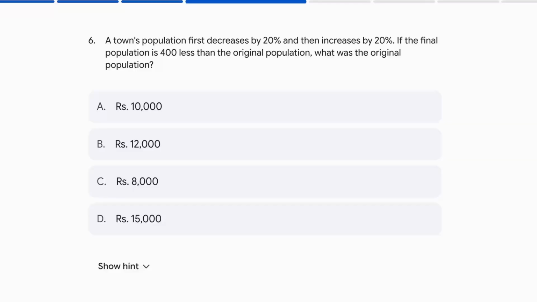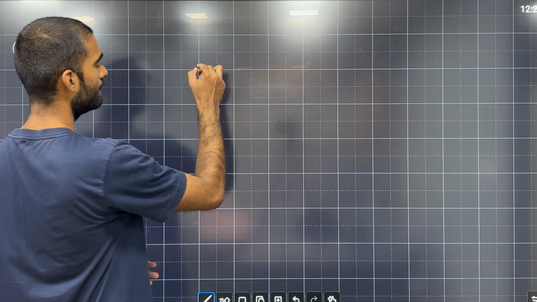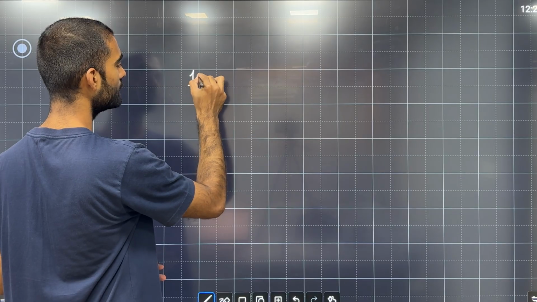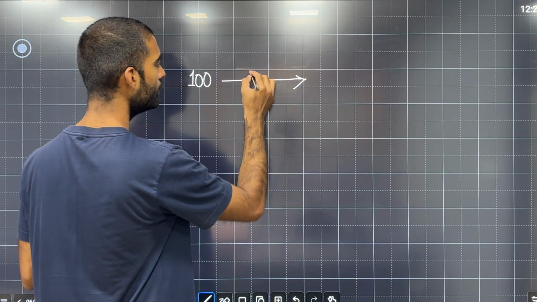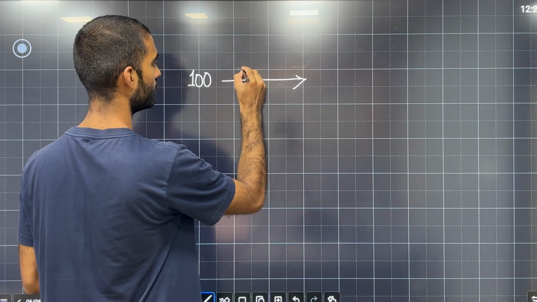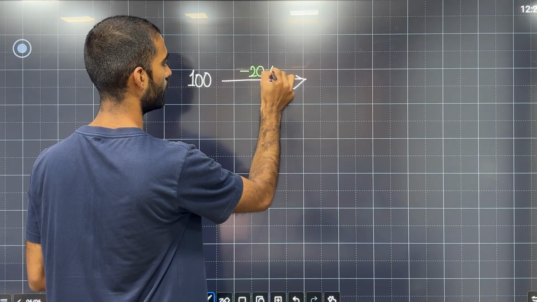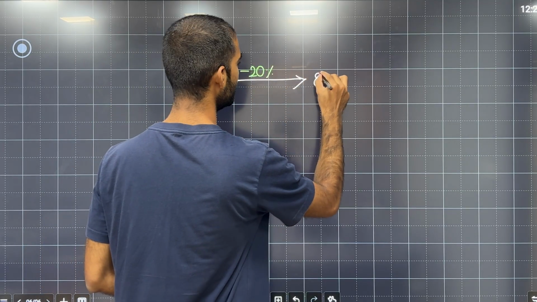A town's population first decreases by 20% and then increases by 20%. If the final population is 400 less than the original population, what was the original population? Now let's say that the town's population was 100%. Okay. Now if it decreases by 20%, it's going to become 80.